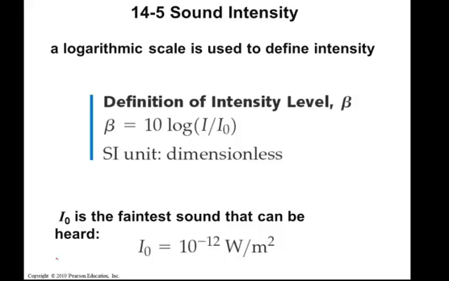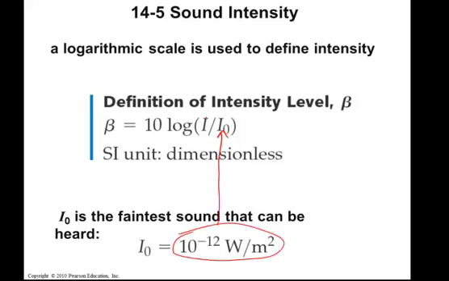When we talk about sound intensity, the way that humans measure sound is in decibels. And a decibel, the relationship is 10 times the log of I over I0. And I0 is called the threshold of hearing. That's the faintest sound that you can hear, and this number is I0, so that always goes in for I0.